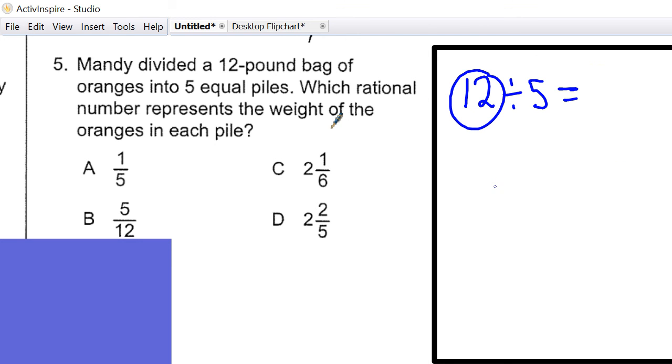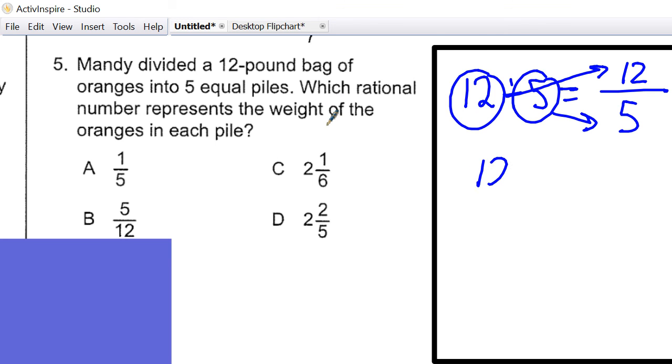The dividend becomes your numerator. The divisor becomes your denominator. And the answer is 12 over 5, which it doesn't look like that is one of the options. But if you examine them closely, 12 over 5 does appear. 5 goes into 12 2 whole times with 2 left over. 2 2/5. The correct answer is D.